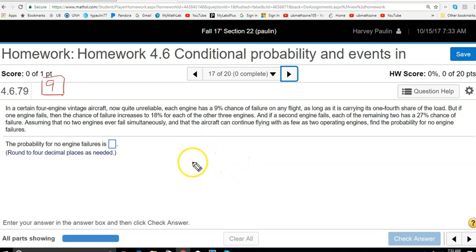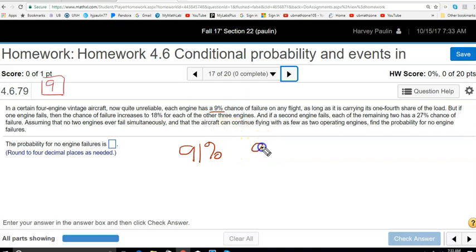So if you thought about it, the chances of an engine not failing, if it's 9% of an engine failing, is going to be 91%. Would you all agree with that? That each engine has a 91% chance of not failing. That's the complement of this.